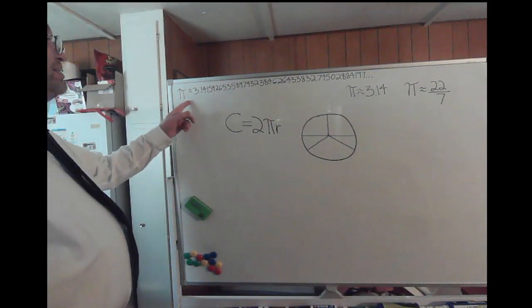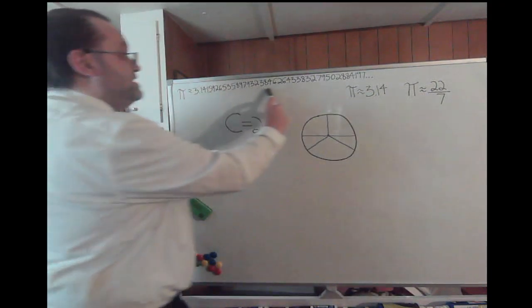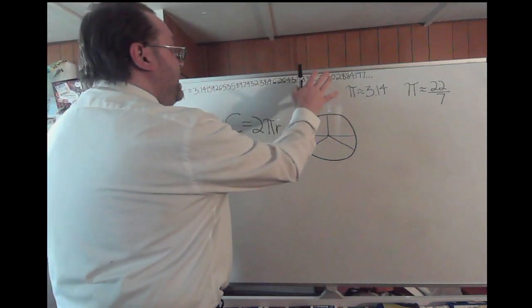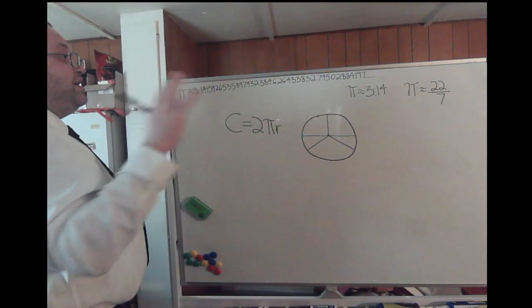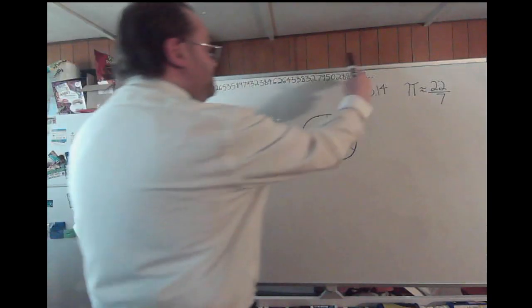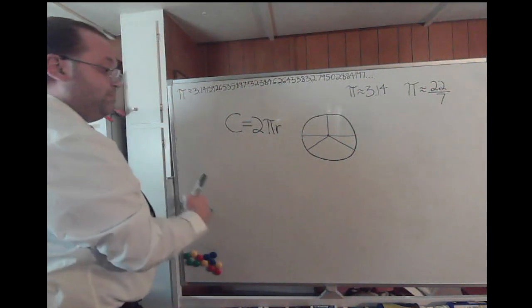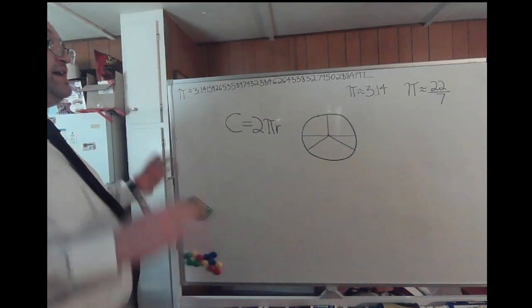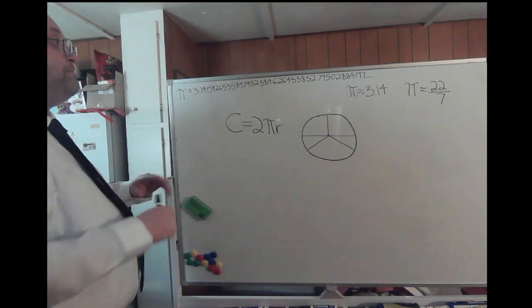Pi is a very long number. I have it written up here at the top, and those are all the known digits that I found on Google. It goes on infinitely longer. It would go on more space than I have for this board or even my house where I'm teaching. Pi goes on forever and ever.